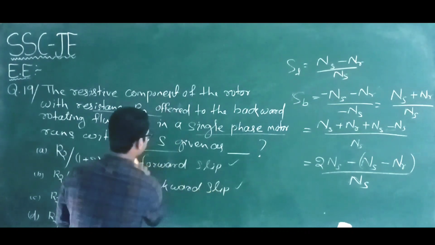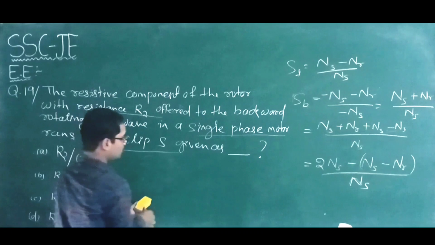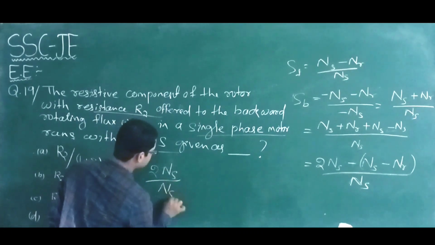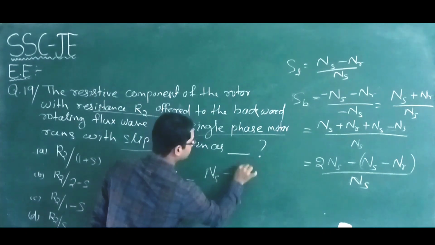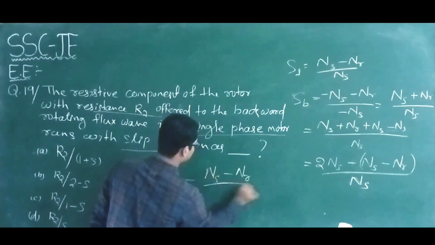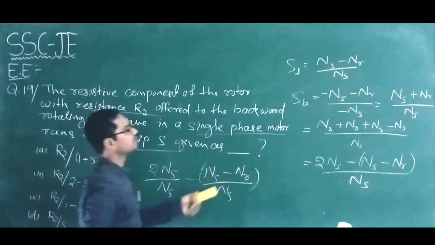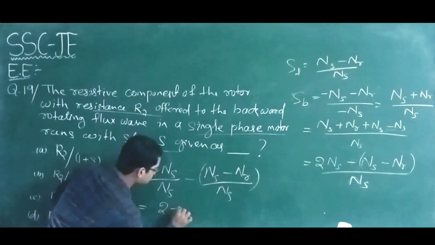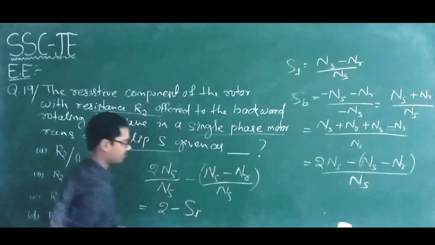So if you further simplify, it will be 2 times Ns divided by Ns minus (Ns minus Nr) divided by Ns, which is the forward slip. So you can write this as 2 minus the forward slip, SF or S, whatever your choice.